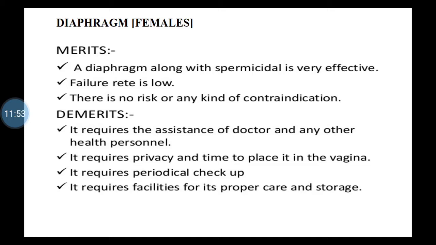It does not hurt or affect man or woman at the time of sexual intercourse. Once it is learned, after proper training, females can place this diaphragm in their vagina at any time, and it is comparatively cheap. These are some of the important advantages.